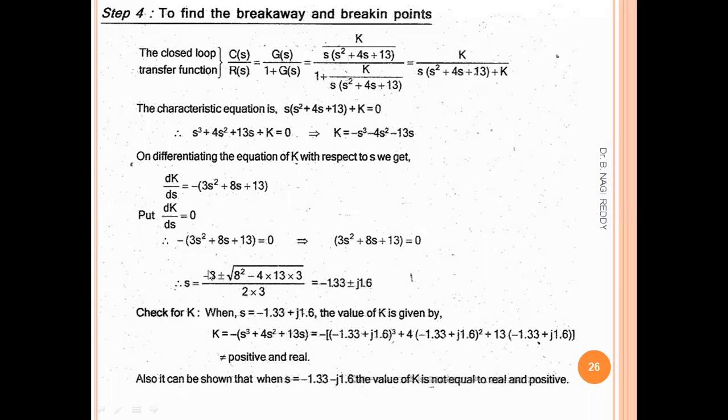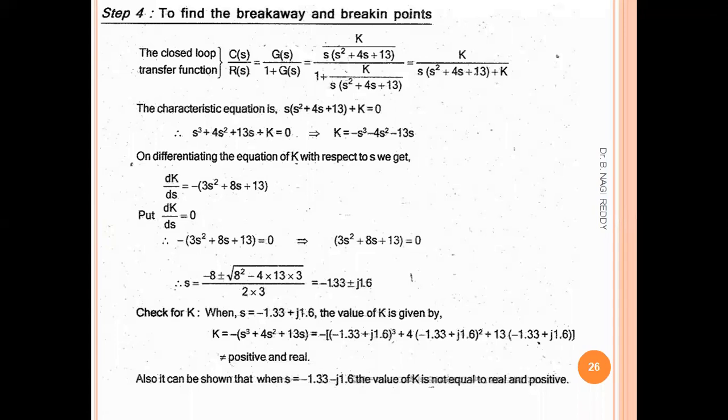So this is a quadratic equation, and we know how to solve it: minus b plus or minus square root of b square minus 4ac, by 2a. A is 3, b is 8, c is 13. Substitute here, you will get 2 s values.